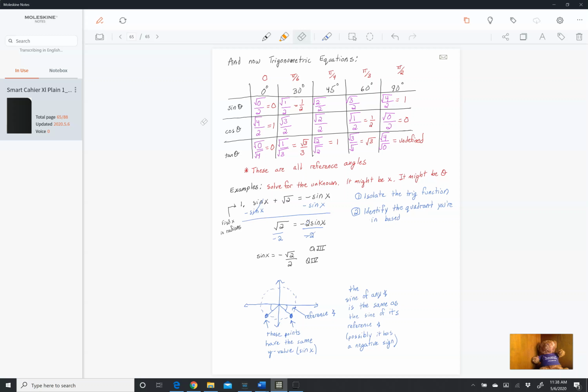So based on whether your trig function is positive or negative, in quadrant 3 and quadrant 4, this is where sine is negative.